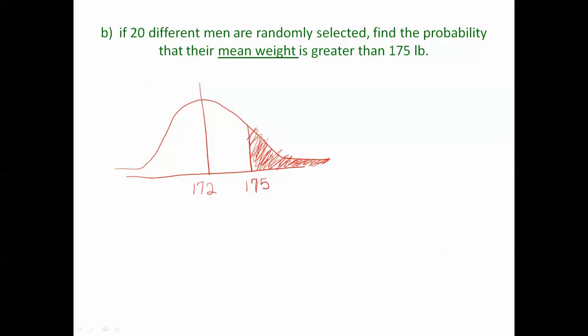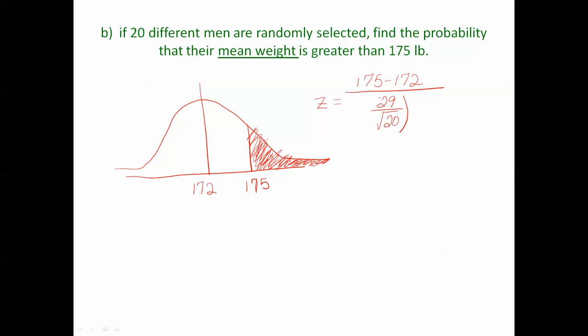So again, the difference comes into play when I calculate my z-score. So I need to convert into a z-score. I still subtract the same values at the top, 175 minus 172, but down here in the denominator, I'm going to divide my standard deviation divided by the square root of n, which is 20 because I had a group of 20.